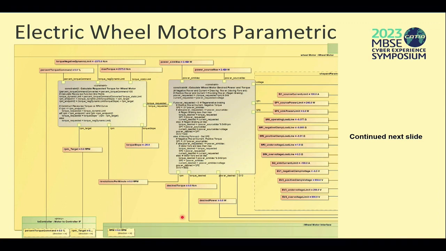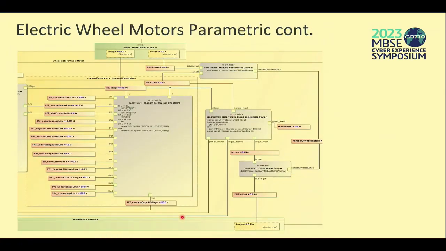And if you notice, one of the outputs directly feeds into one of those shepherd parameters, which causes that to behave in a certain way in accordance with that S-curve, but it does that dynamically. So even though we have default values set for the wheel motors using these shepherd parameters, those will actually change dynamically, and it's doing that using the power curves and torque curves of this model.